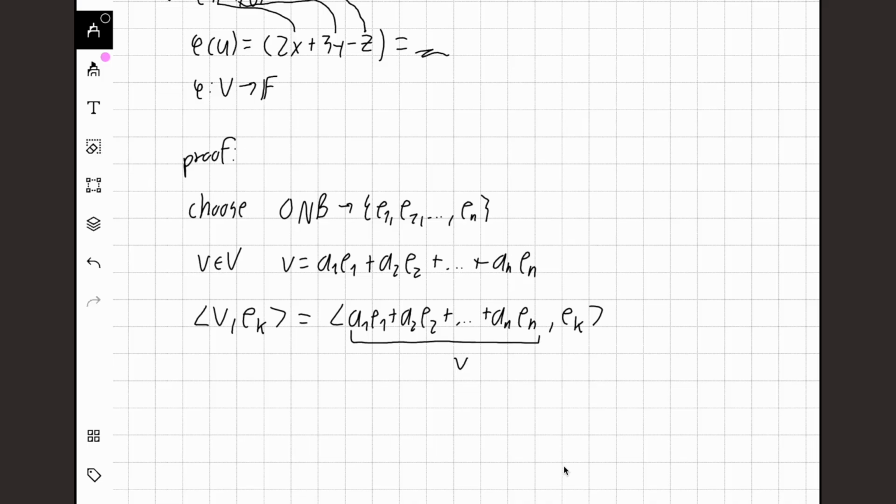Obviously, this just means that we take the scalar product with each term individually. So going one by one, it's the scalar product of a1 e1 with ek, plus the scalar product of a2 e2 with ek, plus all the way to the scalar product of an en with ek.